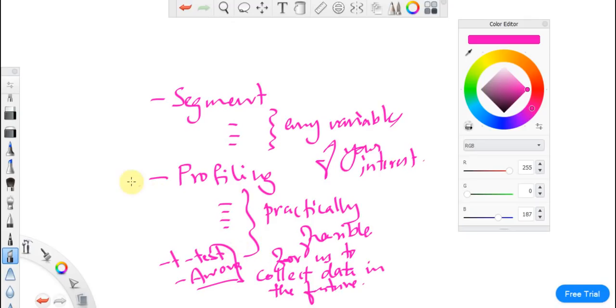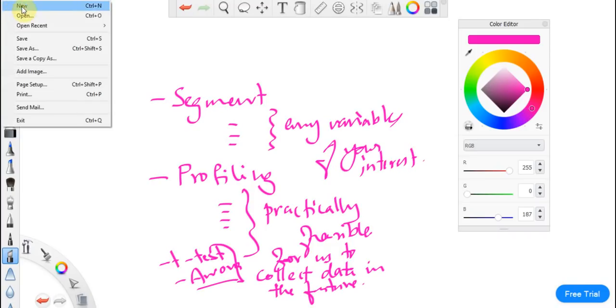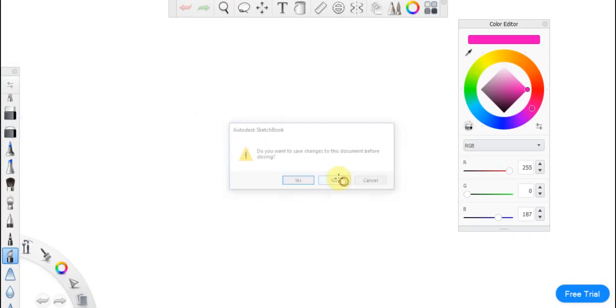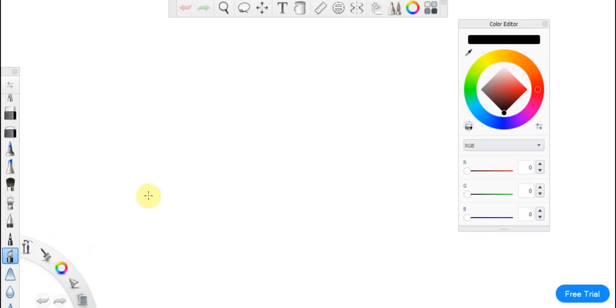We will do one more example, the same example we did in the class. We had also talked about segmentation using two variables. We had taken CGPA and salary.